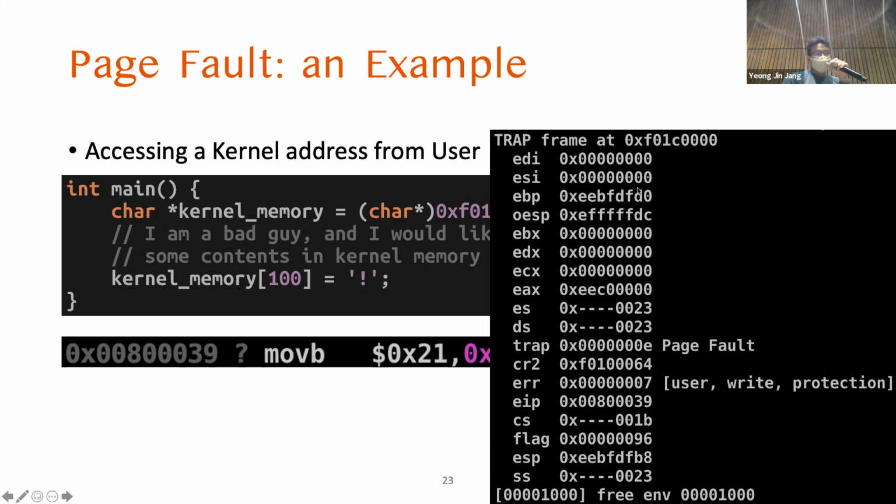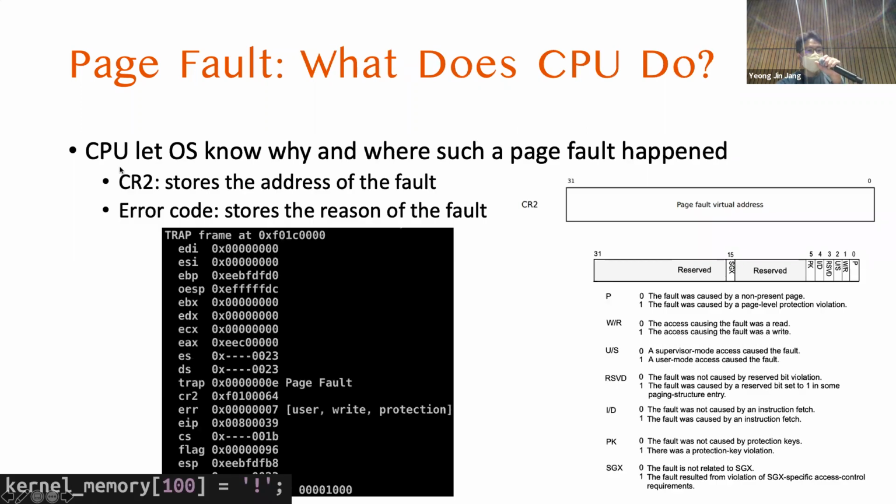The important thing here is that if the page fault happens, we can get several pieces of information from the trap handler. The first is that when the page fault happens, the CPU automatically stores the address that generated the fault into the CR2 register.